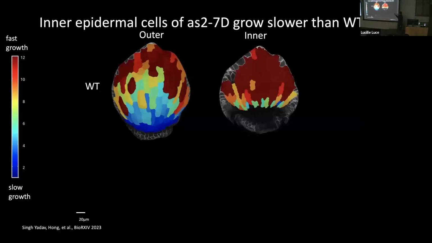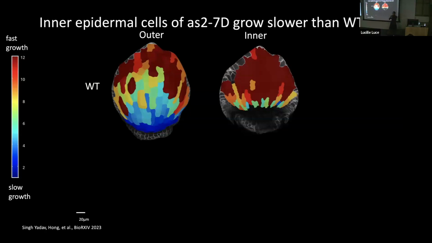So if we look at heat maps, and here we've got fast growth in red and slow growth in blue. In wild type, what we see on the outside is we start with fast growth at the tip. Later it moves down, as you saw in Bella's results, but it starts out at the tip. Here we can see on the inside, the whole thing is growing really fast. This isn't quite what I was expecting. I was expecting these to grow at the same rate so they'd be flat.